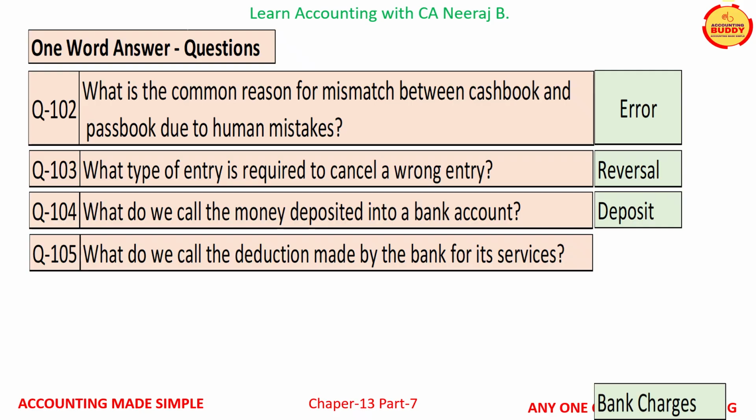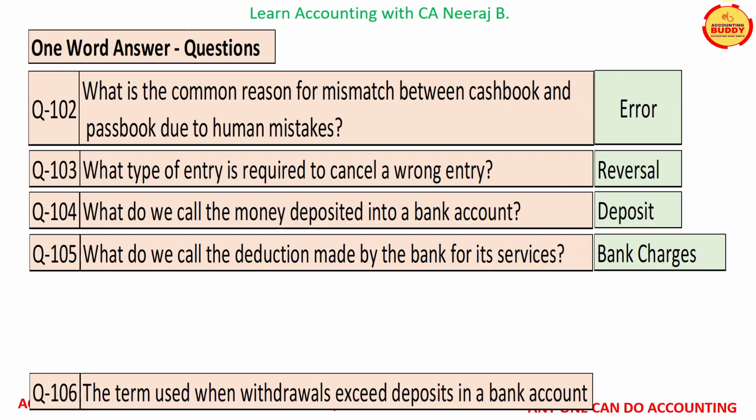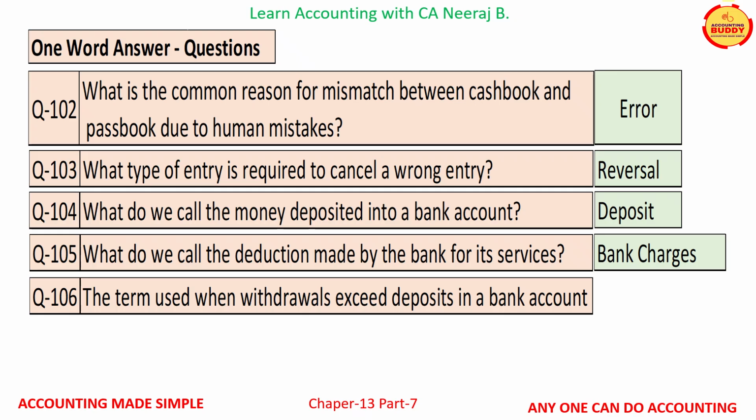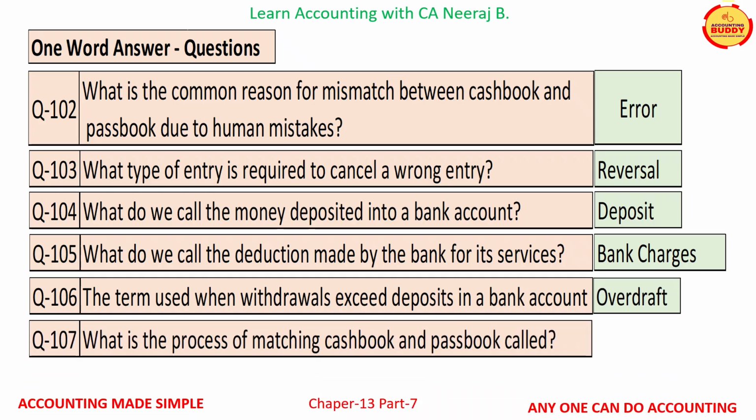The correct answer is bank charges. Question 106: the term used when withdrawals exceed the deposits in a bank, and the correct answer is overdraft. Question number 107: what is the process of matching cash book and passbook called? It is called reconciliation.